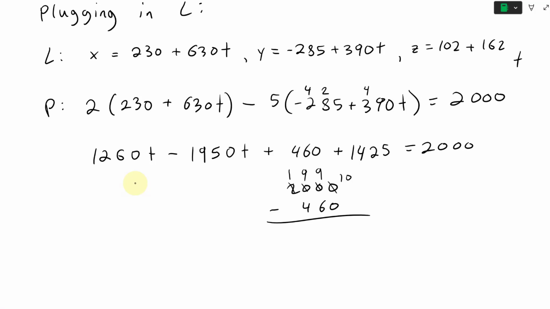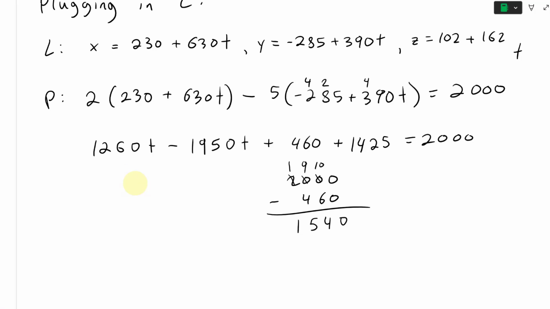So 10 times 0, this is just going to be 0. Since 0 minus 0, we're not subtracting by a bigger one, so this is going to be the 10, no issue with that. So 10 minus 6 is 4. Then 9 minus 4 is 5. And then 1 minus 0 is 1. So we have 154, and then the next step is minus the 1425.